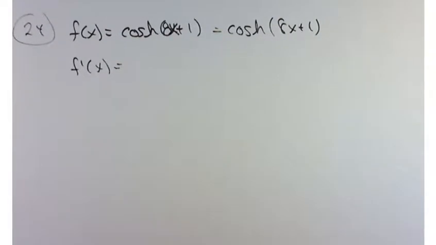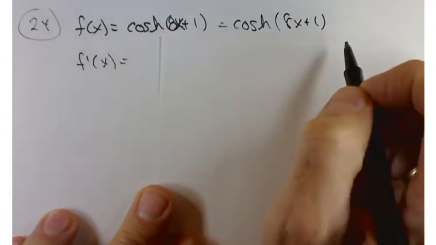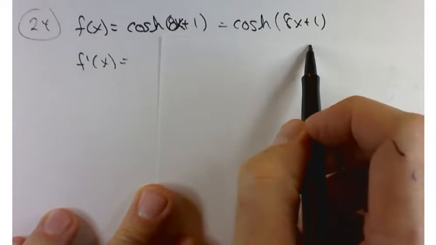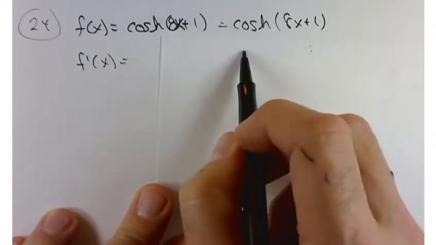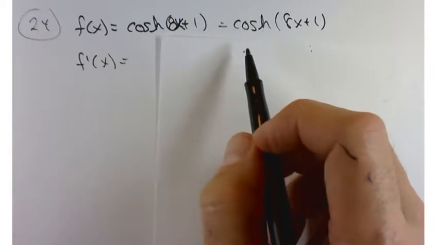Now, I mentioned something earlier, kind of by way of review and warning. Let me repeat that idea here. This is not something for which you use the product rule. You can't differentiate cosh times this and then derivative of this times cosh. Don't do that. This is chain rule.